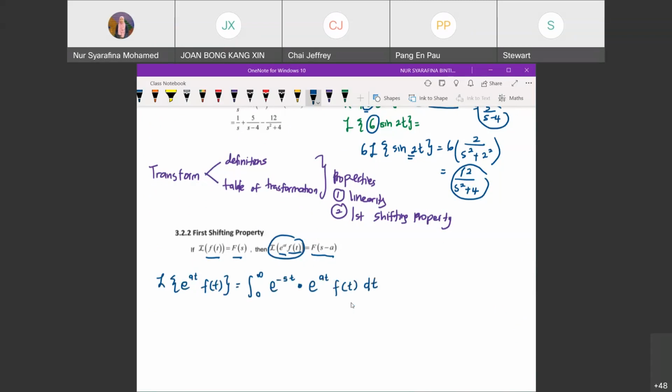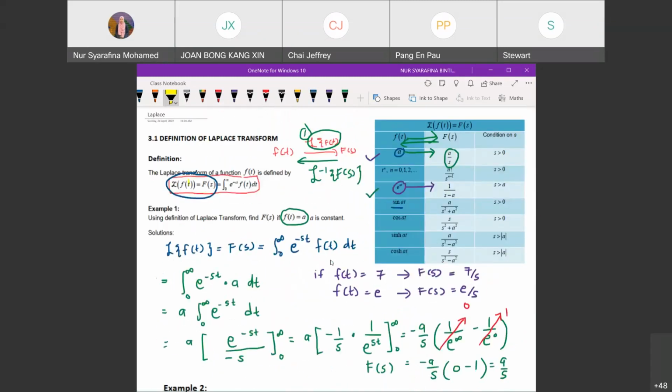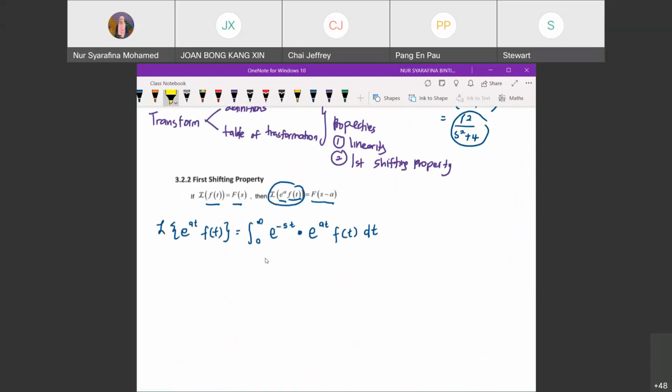Understand or not? Up to this point. Previously we have f(t) only, right? But now this f(t) is exponent at f(t). So this is your f(t) now.